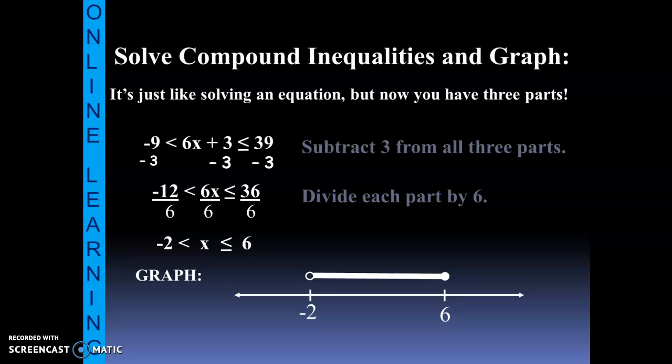So in this particular case, I'll just write that on the screen here. The notation would be x is an element from negative 2 up until 6, and you don't include the negative 2, but you do include the 6.